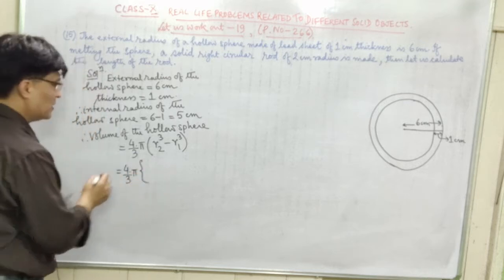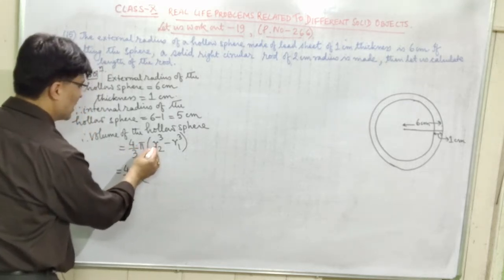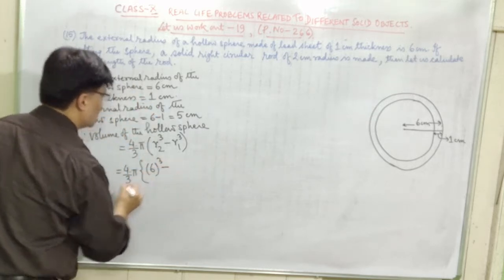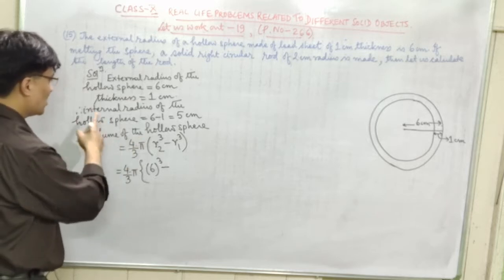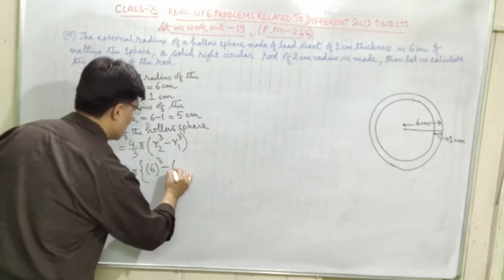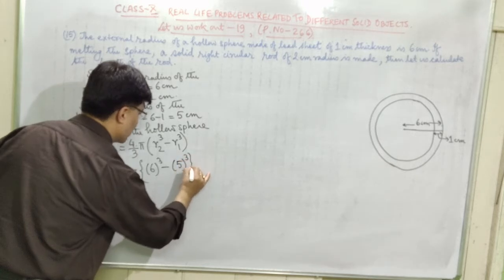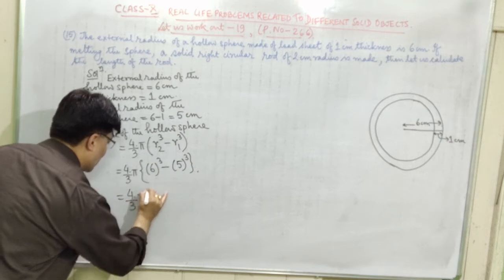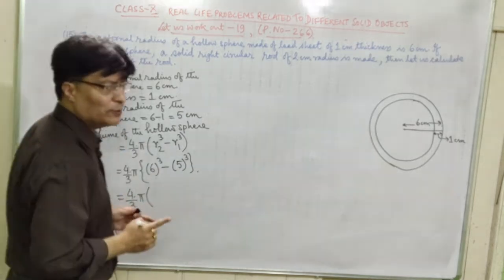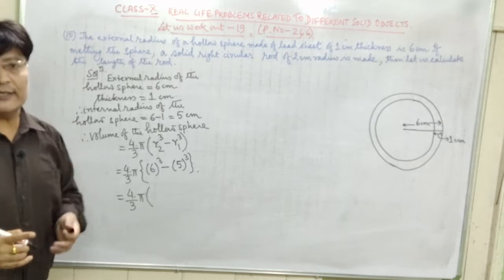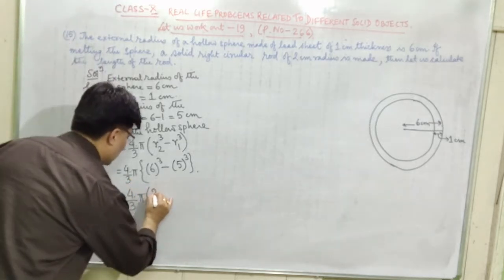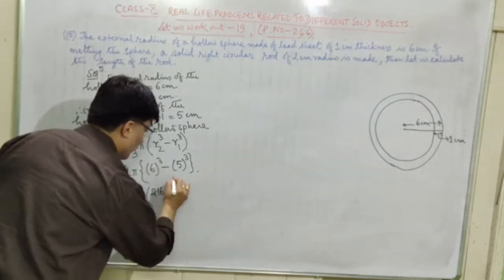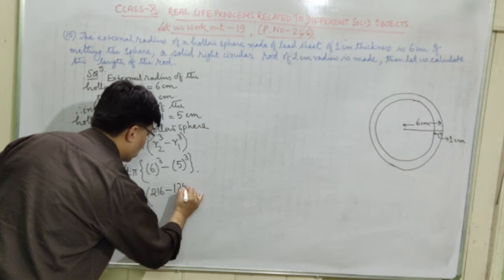Now within second bracket, what is the external radius? R2 whole cube means external radius, that is 6 whole cube, minus, what is R1 whole cube? That is internal radius whole cube, that is 5 whole cube. Second bracket is closed. This is 4/3 pi within bracket, what is 6 whole cube? 6 6s are 36, into 6, that will give you 216, minus, what is 5 whole cube? 5 5s are 25, 5 5s are 125.